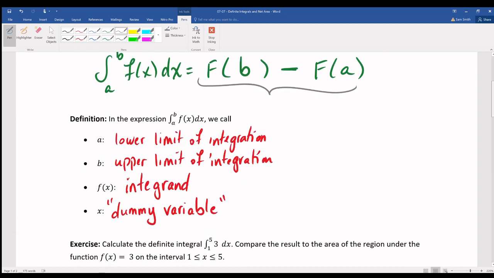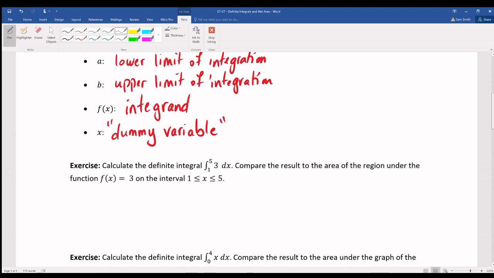And to reinforce that point, we have here an example, an exercise. Calculate the definite integral from 1 to 5 of 3 dx. Let's go about doing that. Now, first things first, what we have got to do is come up with some antiderivative of 3.